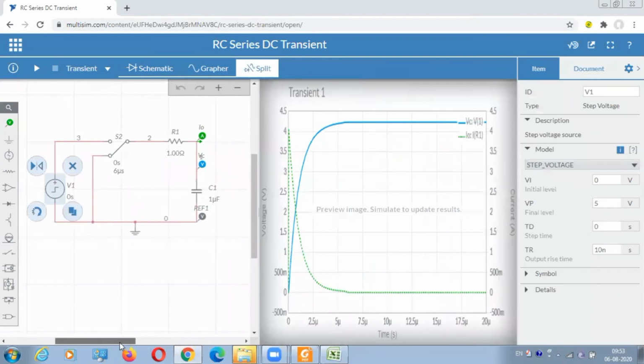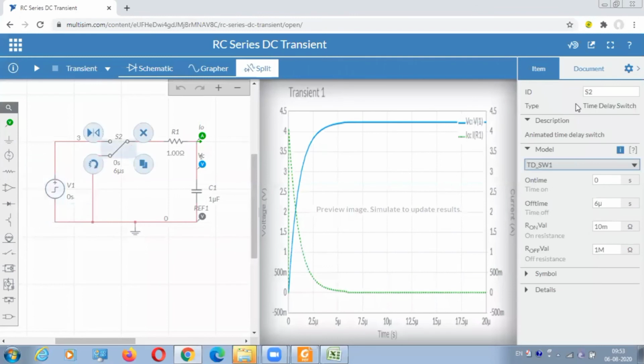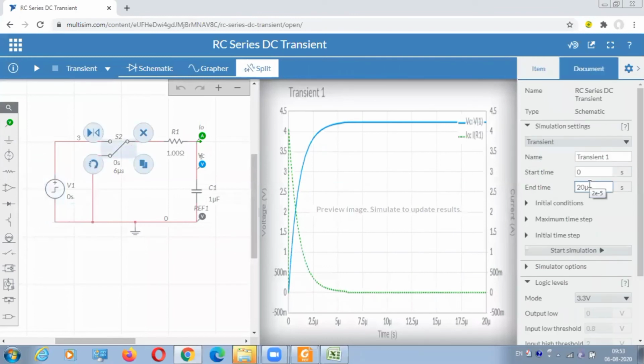That's good for using a step voltage. See, I have given some different values, so I've changed it. Reference.